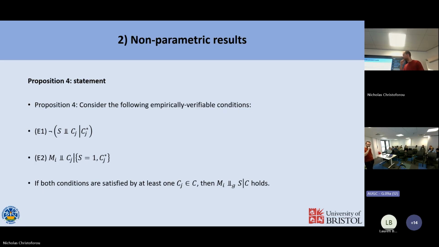And the second condition, E2, is that Mi and Cj are independent conditional on S and Cj star. So those are two empirically verifiable conditions. The claim is that if the two conditions are satisfied by at least one of my complete variables, then I am able to infer that the incomplete variable and selection are d-separated conditional on the complete variables.